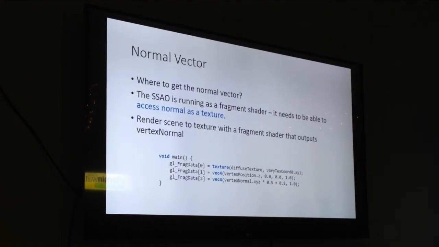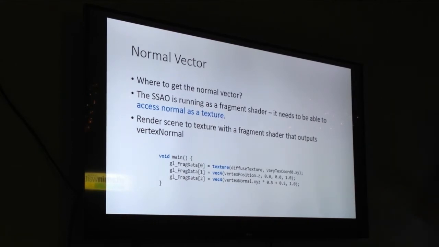So now that's done. Where do we get the normal vector? We can do a similar thing that we did to depth, and we just output it as a third texture. So we output the vertex normal vector in XYZ in the R, G, and B channels of the texture.